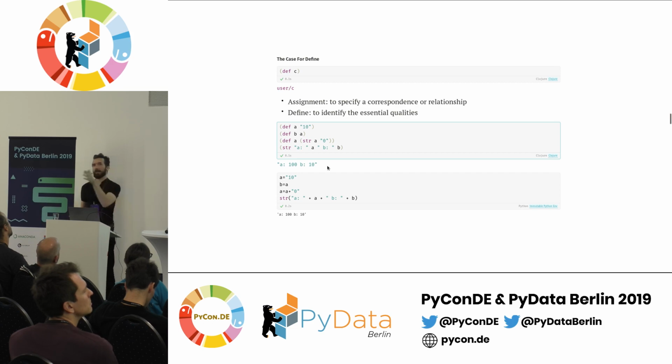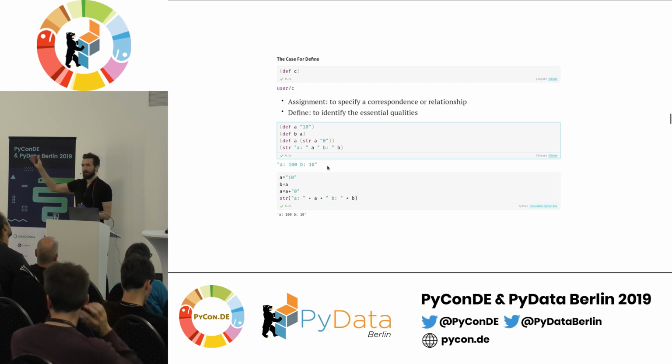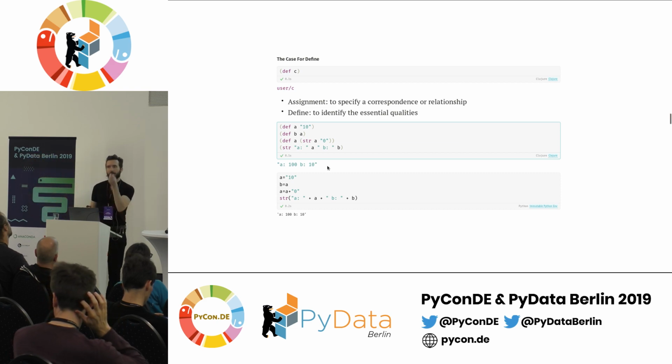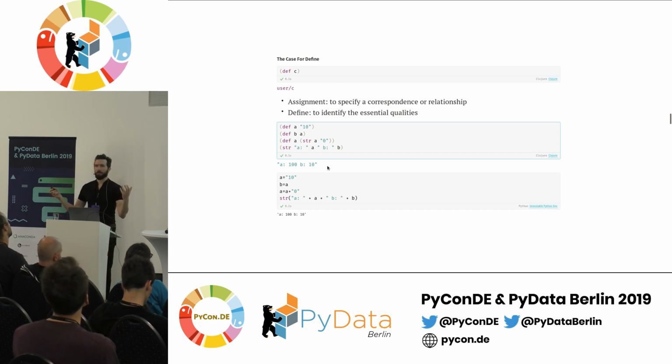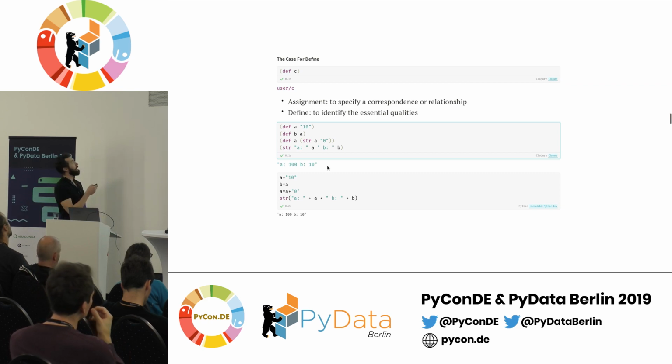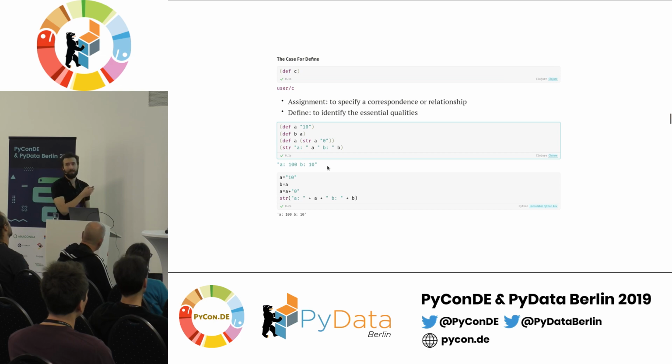Assignment is to specify a correspondence or relationship between A and this other thing on the other side. To define is to define its essential qualities. And in fact, the essential quality, for example, of C is nothing. C is not even nothing. C is just a place in memory that's held, and that's all it is, right? But in these cases, A is defined as 10, the string that we would expect.